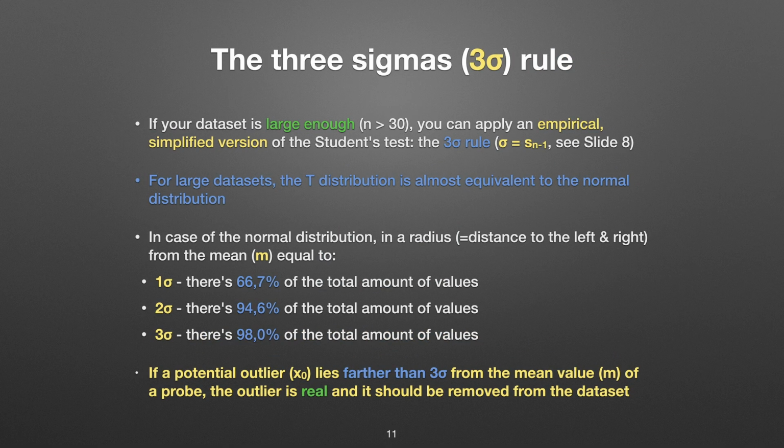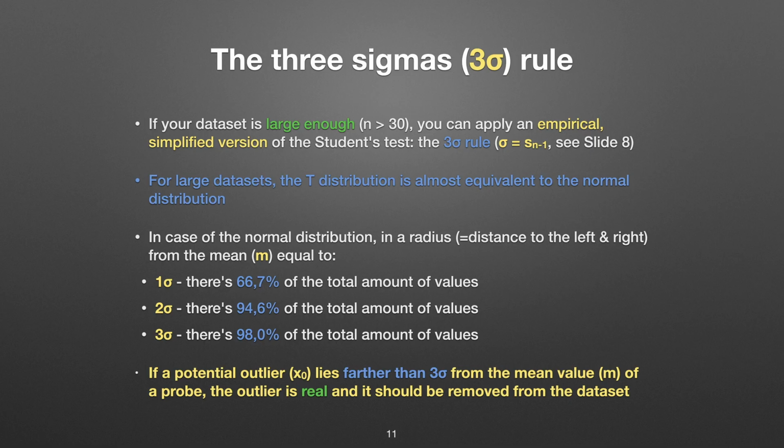If the dataset is large enough, meaning more than 30 observations, we can use a simpler, more empirical version of Student's test, the 3 sigma rule. The idea is based on the fact that for large datasets, the t-distribution becomes very similar to the normal distribution. And in a normal distribution, most values sit reasonably close to the mean.